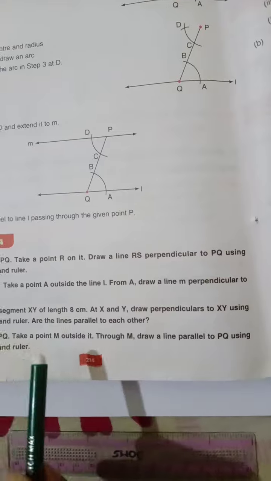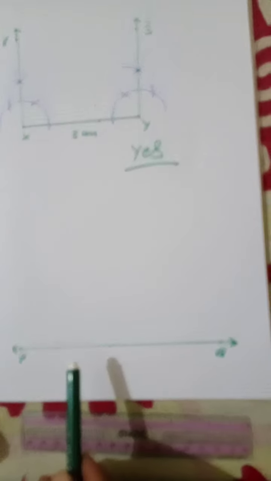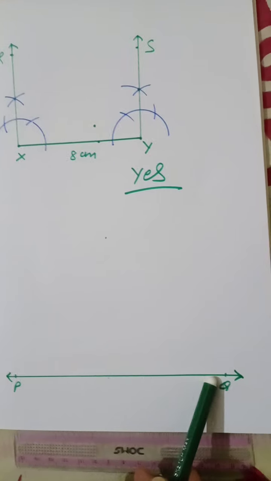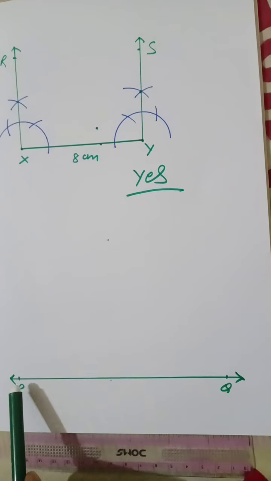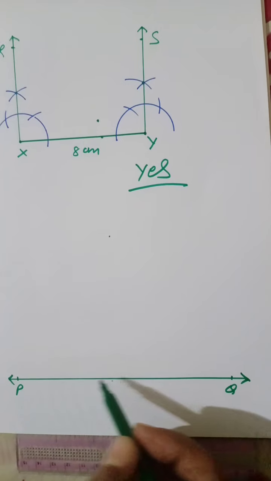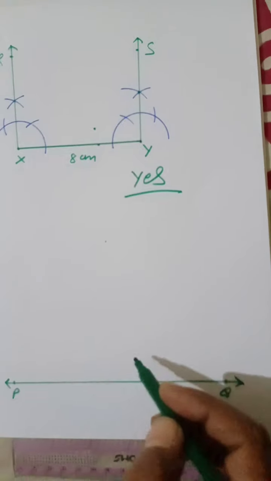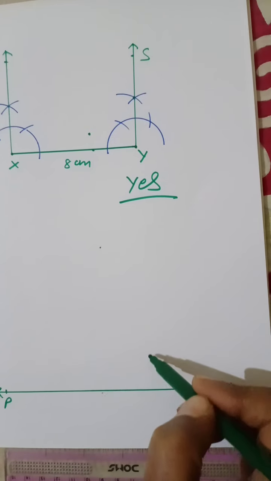So first of all, we have to draw a line PQ. So we have drawn a line PQ here and put the points P and Q. Okay, now we have to take a point M outside the line. So I have taken it.